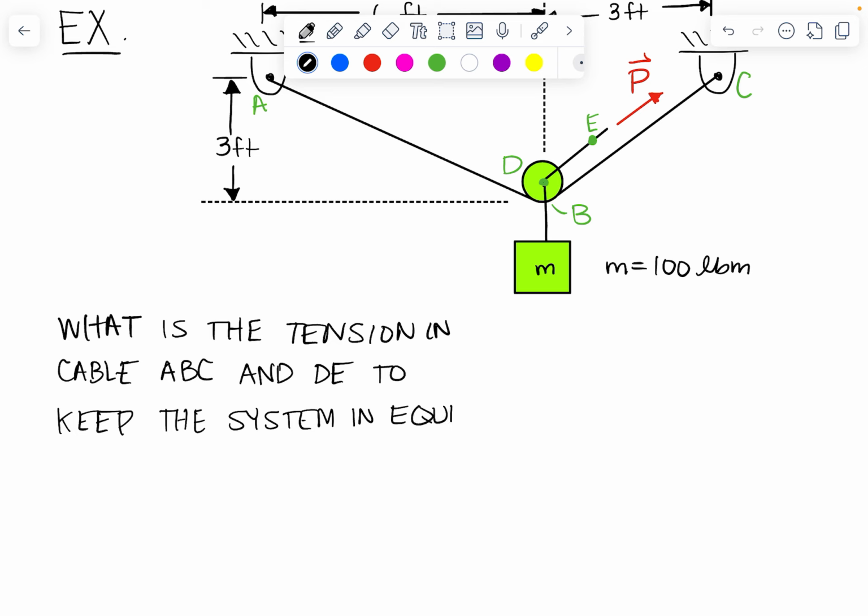There's that word, equilibrium. Sum of forces equals 0, right? First thing you should think when you see that word.